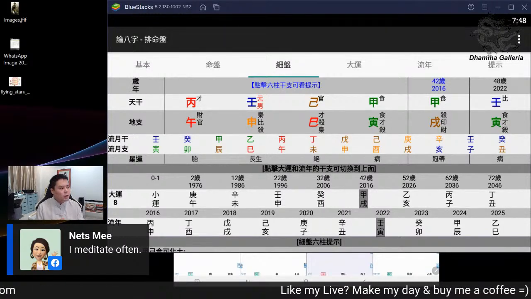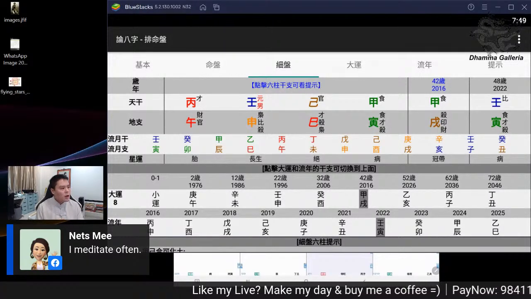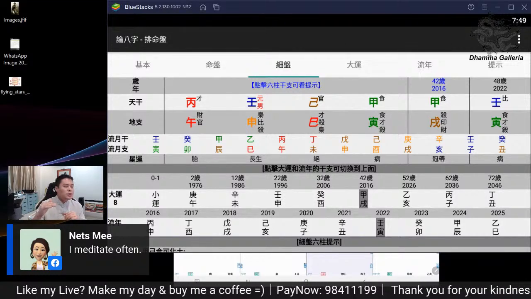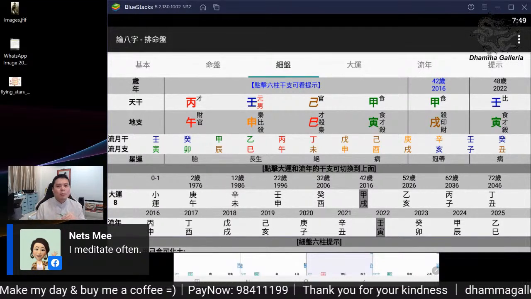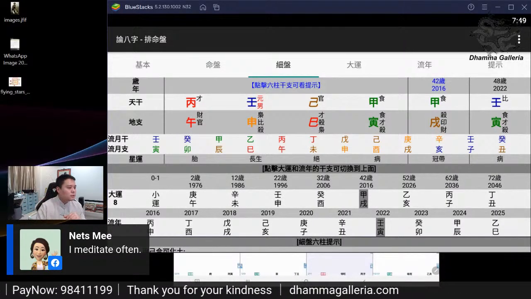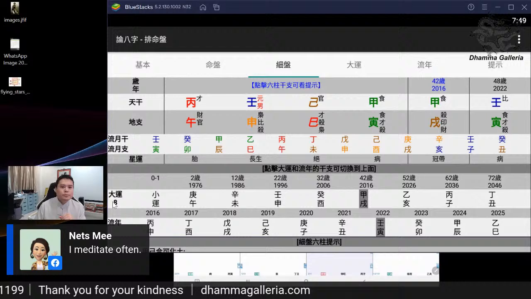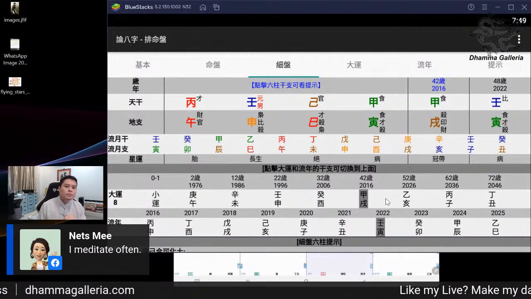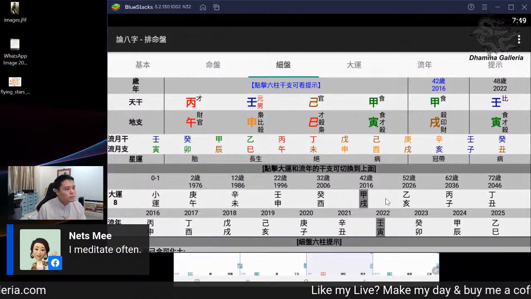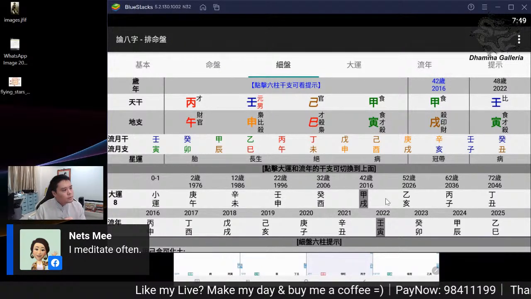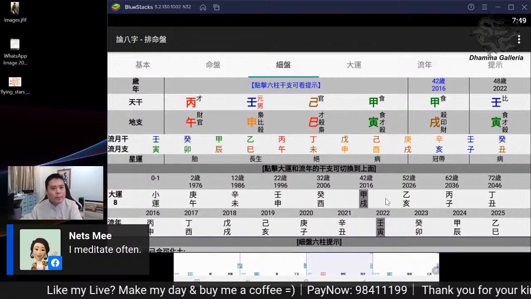Your destiny is quite well, and you'll be able to achieve some high position in terms of work. 你在你自己的公司里面有可能可以做老板，或者在一个很高的位置里面工作，是不是这样子？Mr. Lim, are you still here?